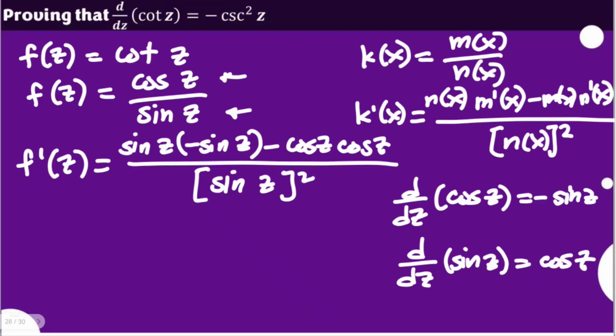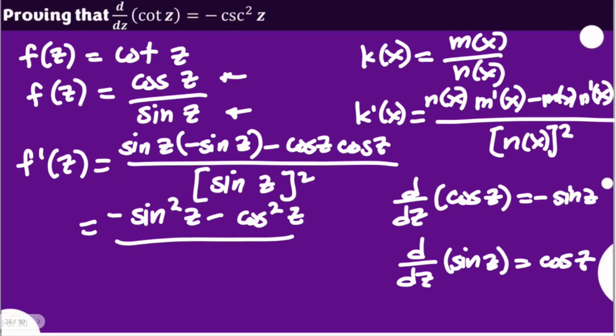Now, simplifying our numerator, sine z times negative sine z is negative sine squared of z, minus cosine squared of z as the product of these two, all over sine squared z. I may write it in this manner because I would like to come up with some expression later on.